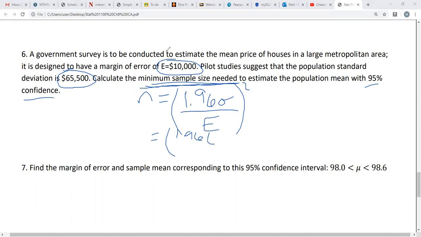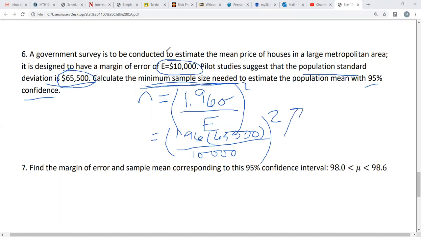Our value of sigma, the population standard deviation, is 65,500. And our margin of error that we want is only within $10,000. And then we're going to square that whole quantity. I recommend calculating what's on the inside of the parentheses first and then squaring that value.